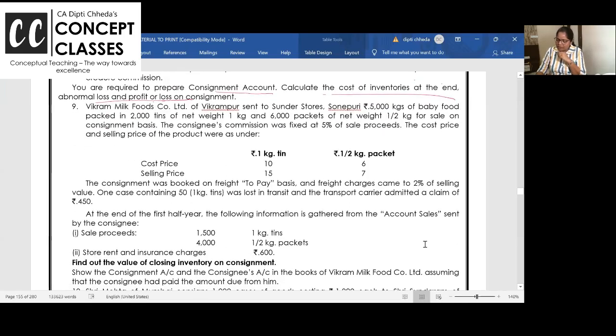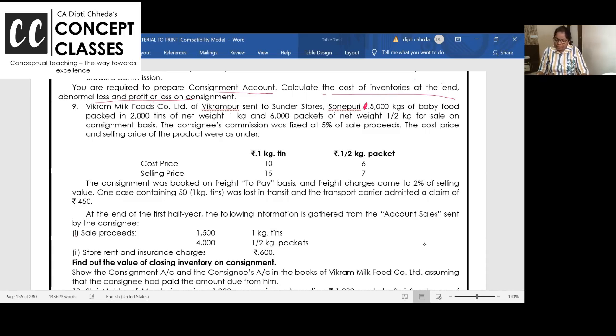Vikram Milk Foods Company sent to Sundar Stores 5,000 kgs of baby food packed in 2,000 tins and 6,000 packets of half kg for sale on consignment basis.